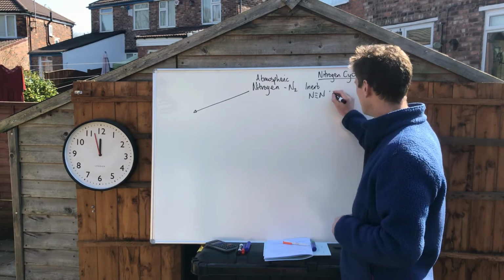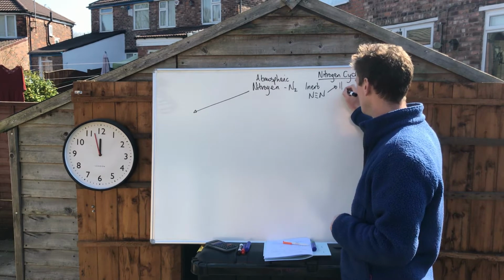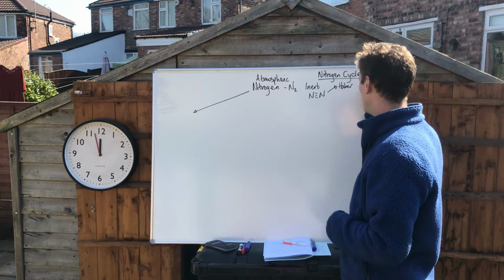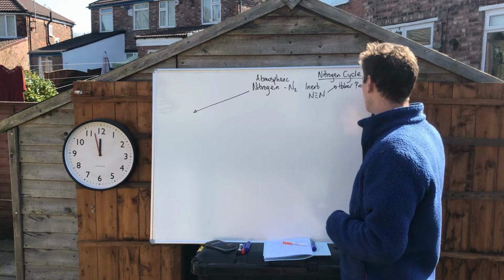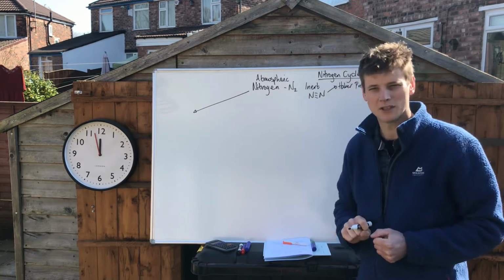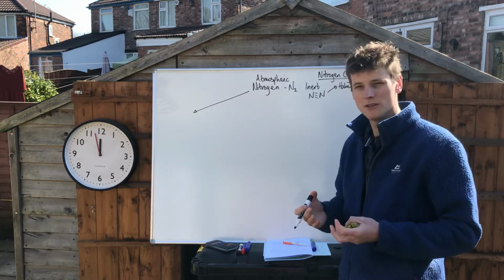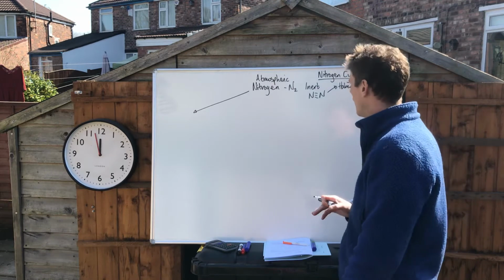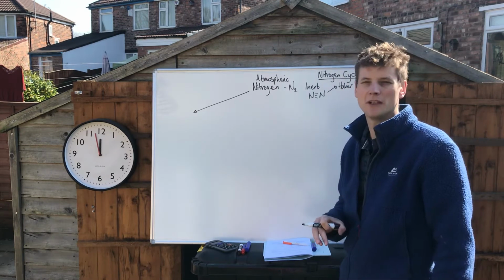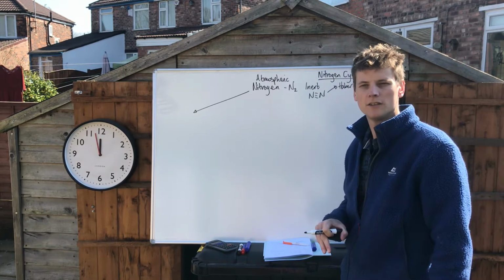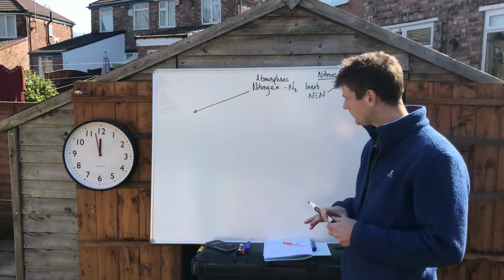So the first, you may remember from GCSE, is via the Haber process. So it's the Haber process which is used to produce ammonium ions, ammonia really, that can be used in fertilisers.